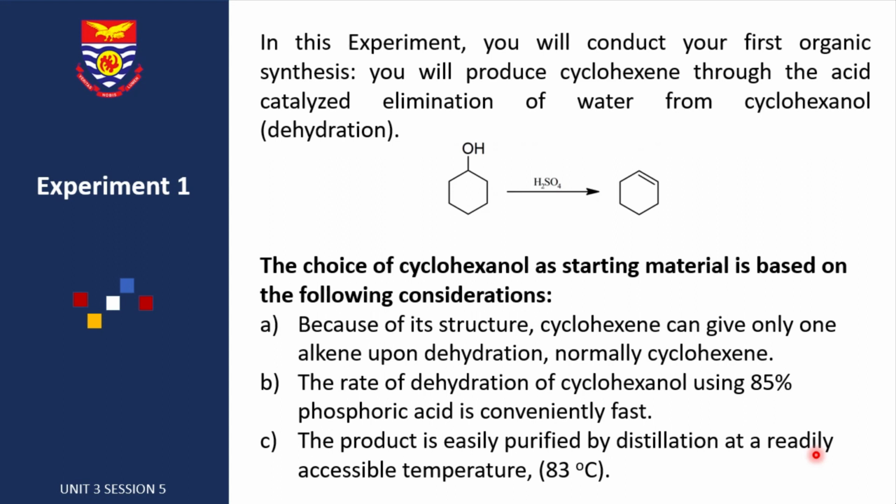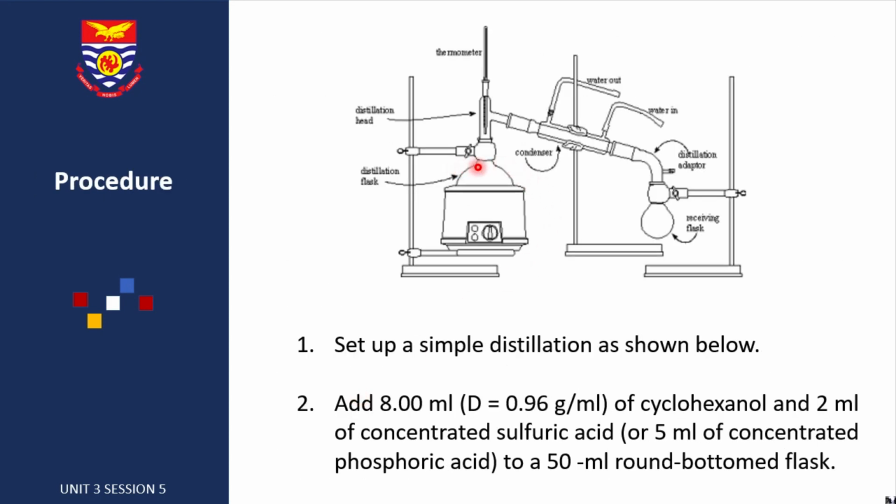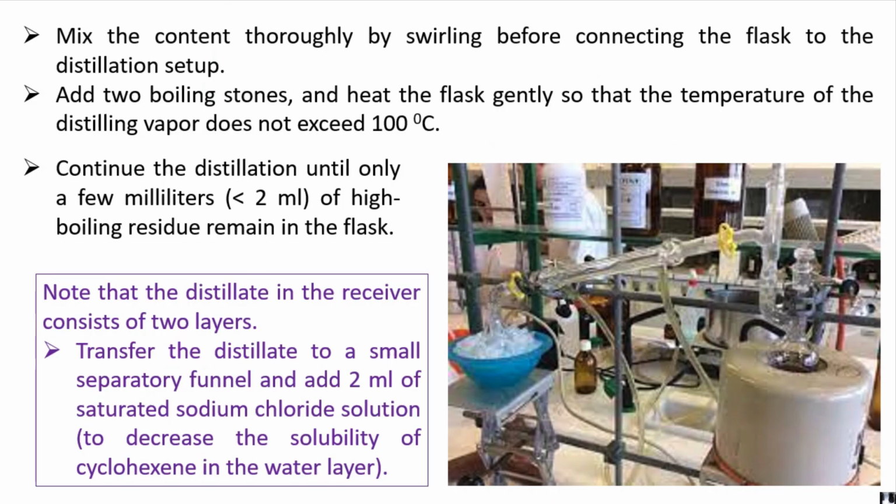The resulting product and the starting material have considerably different boiling points, and because of that we can use simple distillation to separate our product from the starting material.